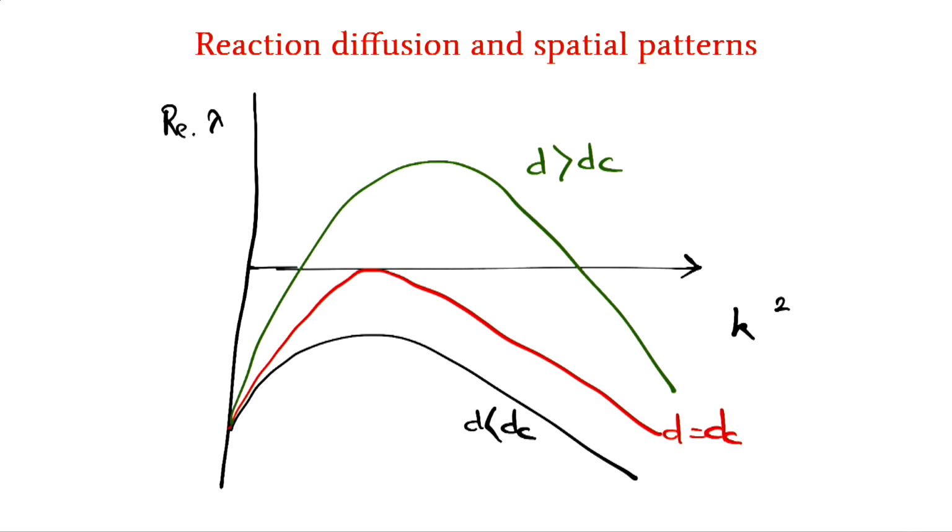There is no proof, and in principle, depending on what sort of term you introduce in your actual kinetics, you could have other things, but generally, it's this wave vector with the largest eigenvalue that will probably set up the characteristic length scale. But you can check that in simulations and see how that matches up.